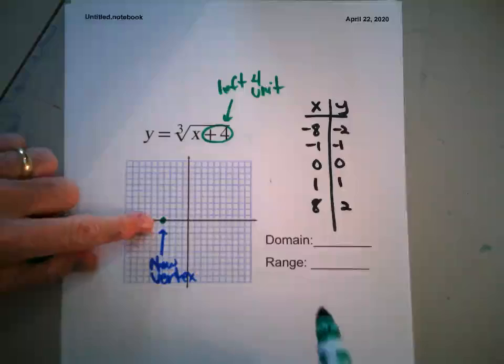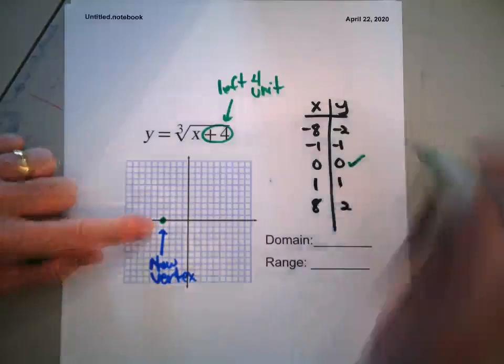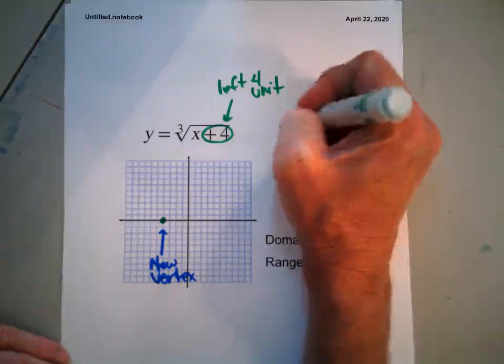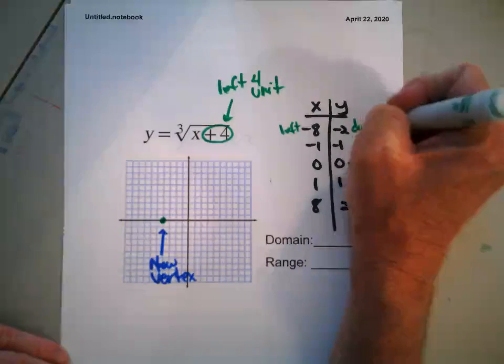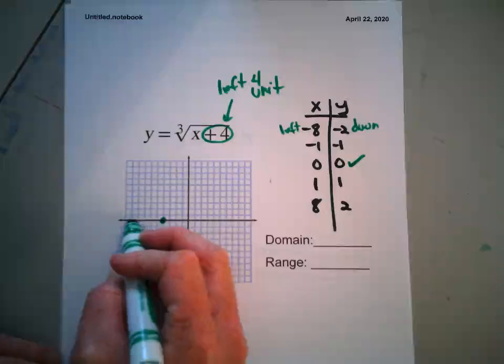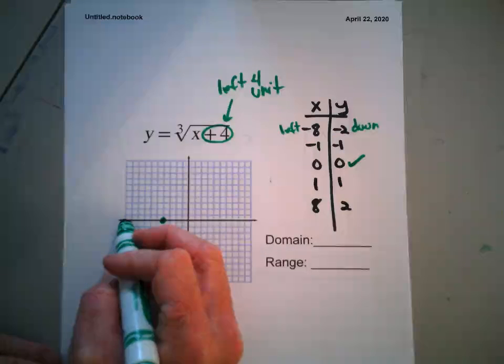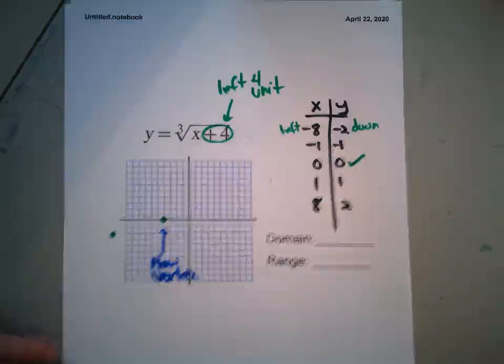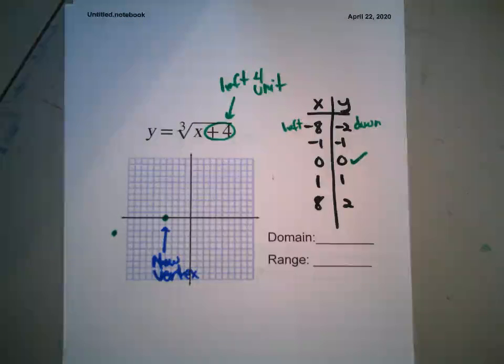So this green point, that's the new vertex. That one's already graphed. So now we're going to go left 8, down 2 from the new vertex. 1, 2, 3, 4, 5, 6. You have to do your best to estimate. 7, 8, down 2. So it's going to be approximately right there, just a little bit off of the graph.